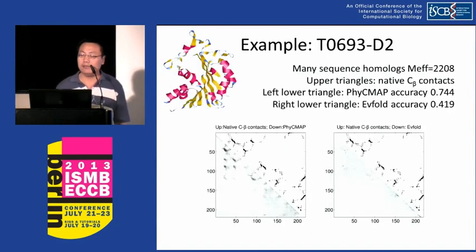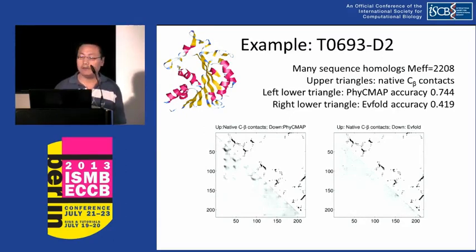And here is another CASP target. For this target, we have lots of sequence homologs, so MEF is over 2,000. But still, for this target, our method performs much better than UV-fold.